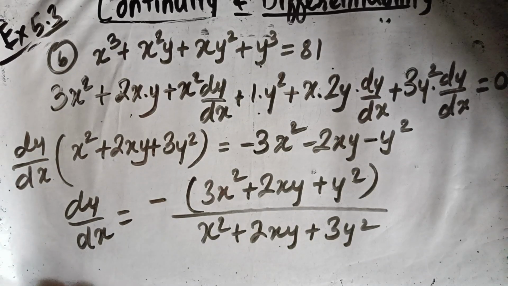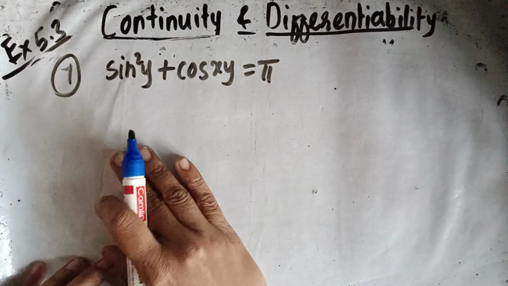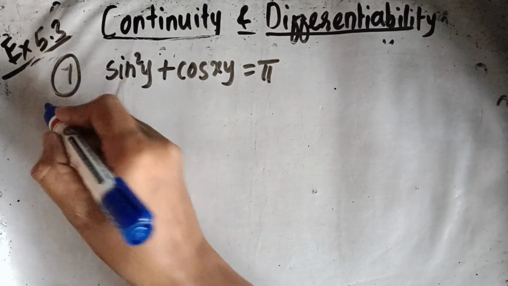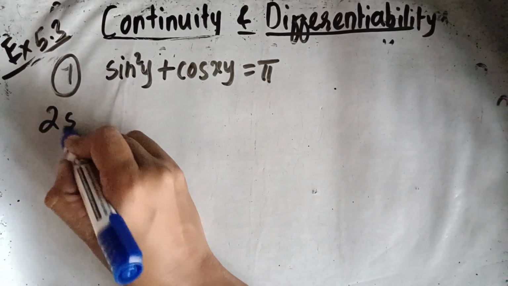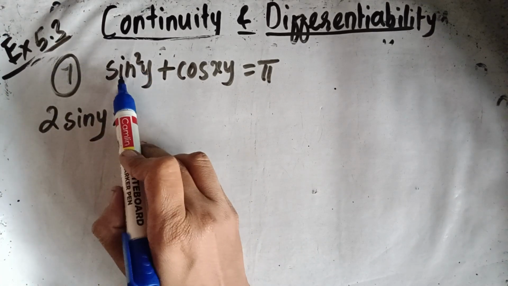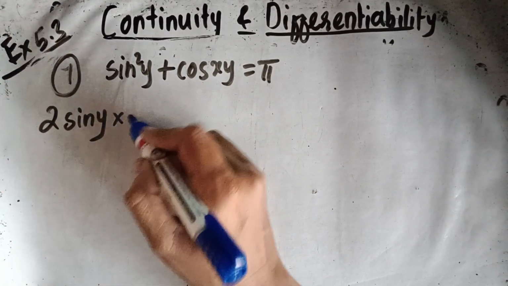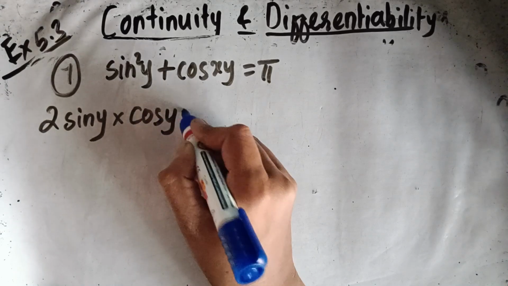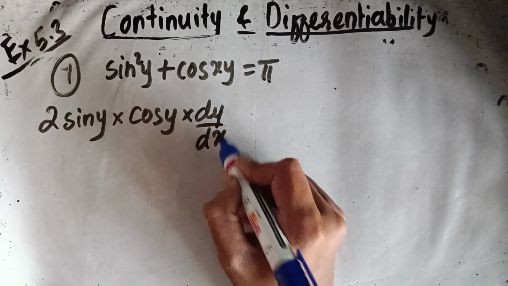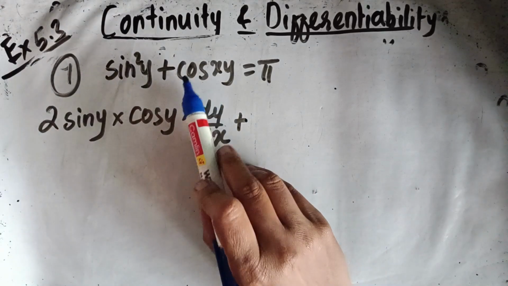Okay. Next question. Sin square y plus cos xy equal to pi. Sin square y is 2 sin y into, then sin of y derivative you have to write, that is cos y into derivative of y, dy by dx, plus, okay, cos xy.